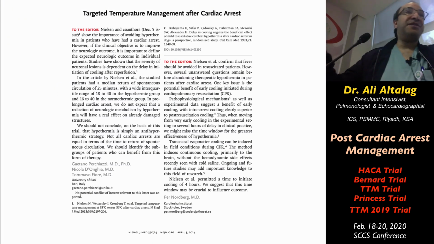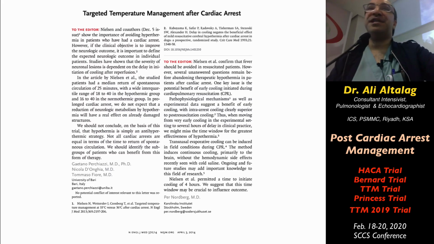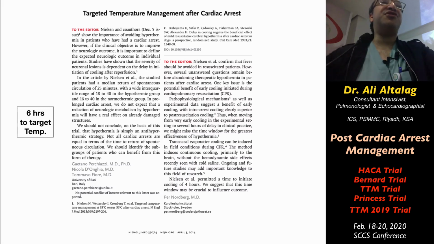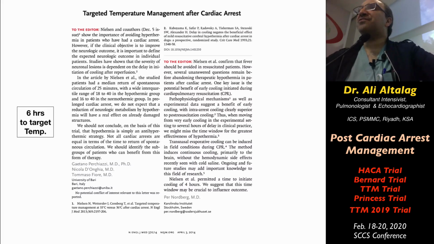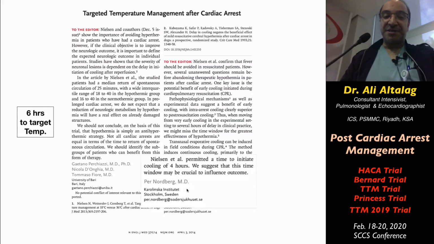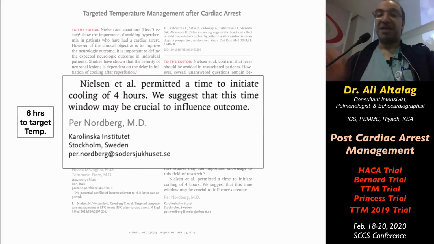During or after the publication of this trial, a physician wrote an editorial, and his issue is that most patients reached their target temperature during hypothermia 6 hours after return of spontaneous circulation. This guy is called Norberg.